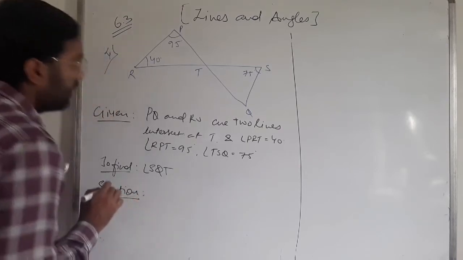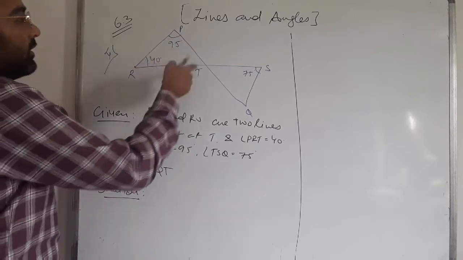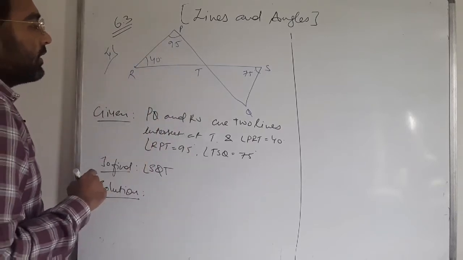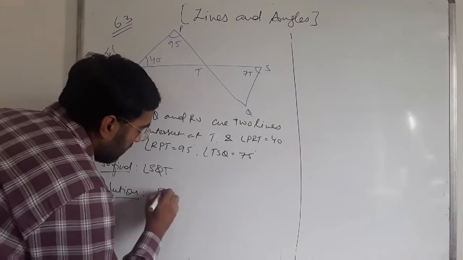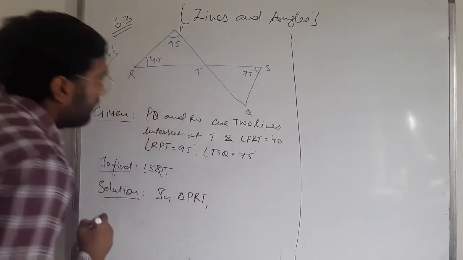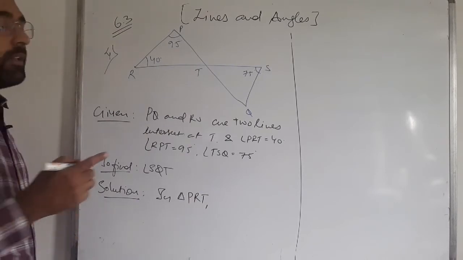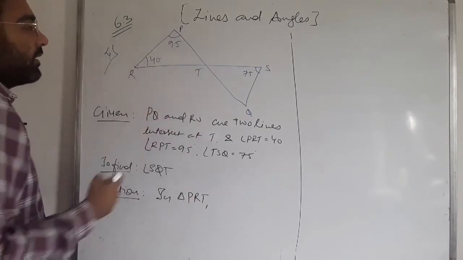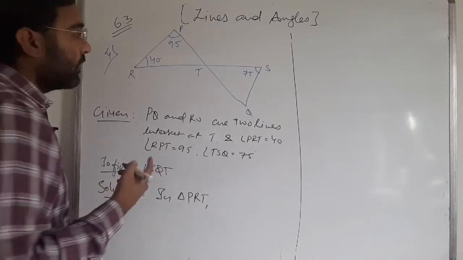What is the solution? Here, in triangle PRT, we use the angle sum property. Using the angle sum property, the sum of all angles is equal to 180 degrees.